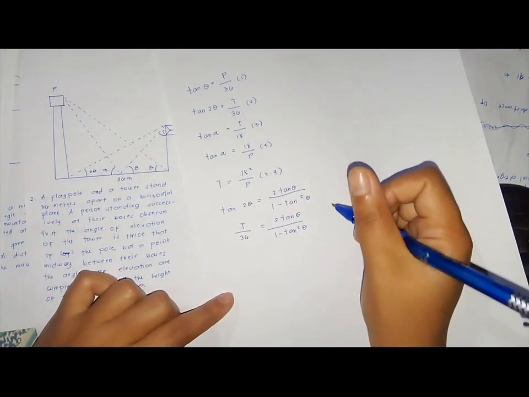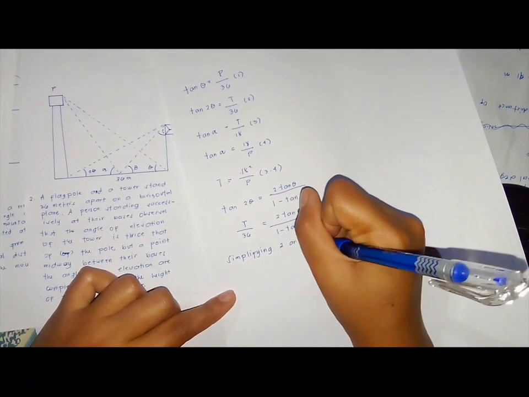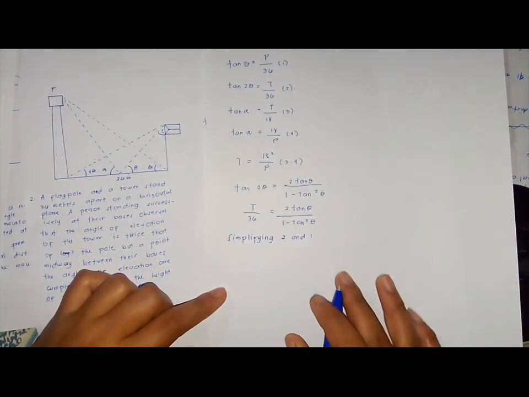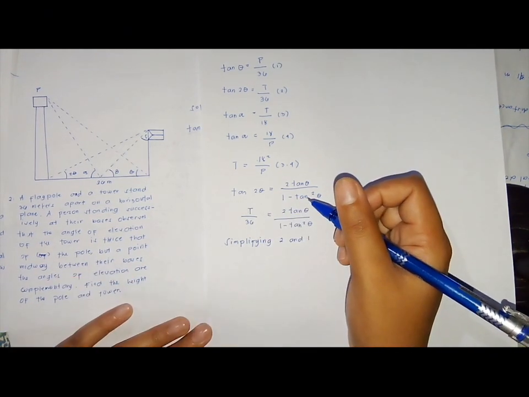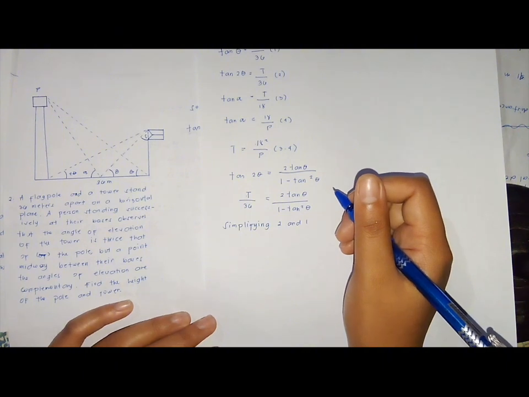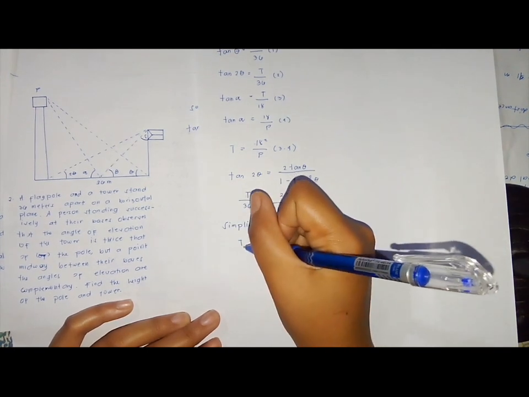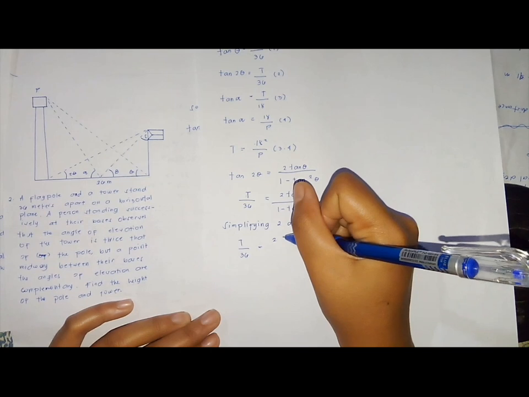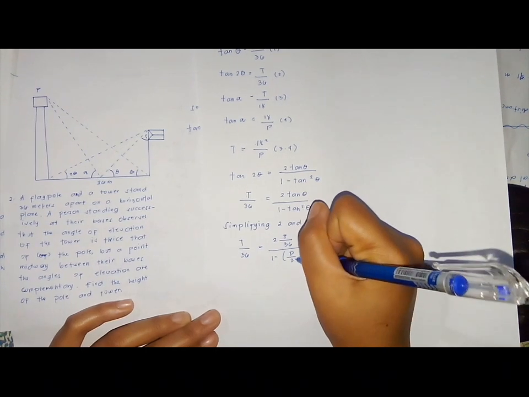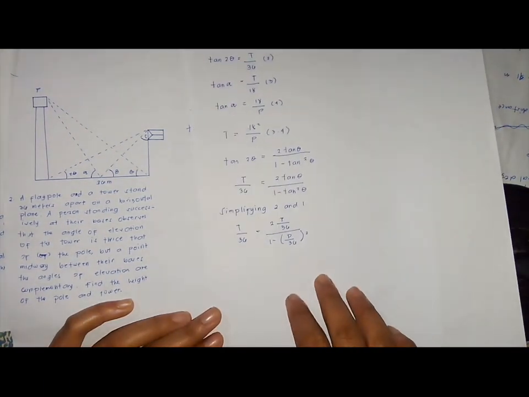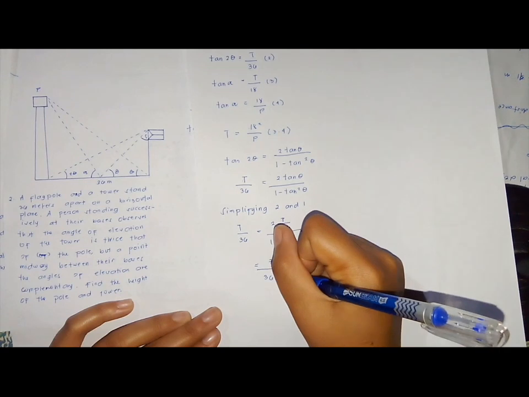So simplifying 2 and 1, we have here 36 over 36, 1 minus P over 36. So 72P over 36 squared minus P squared.